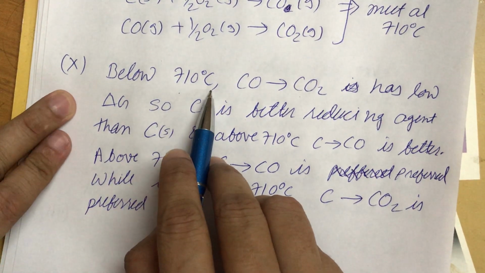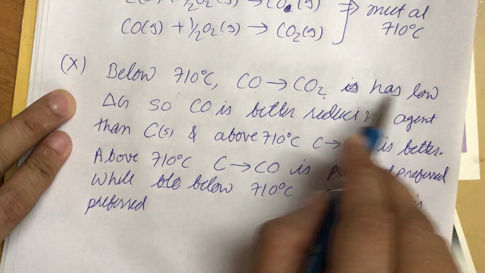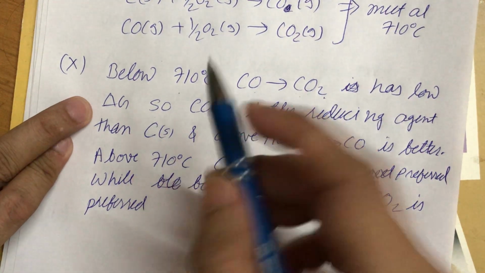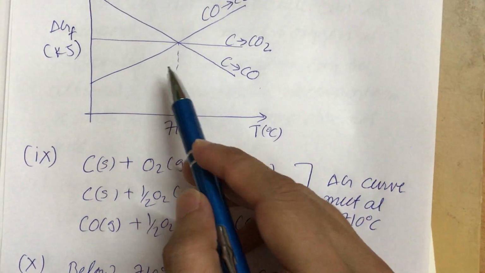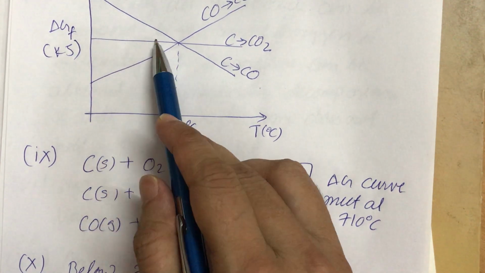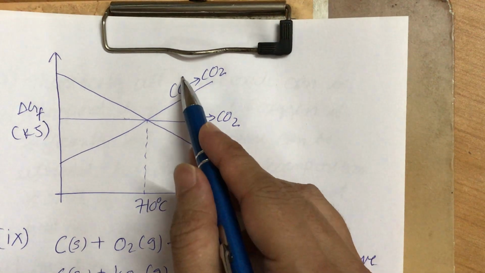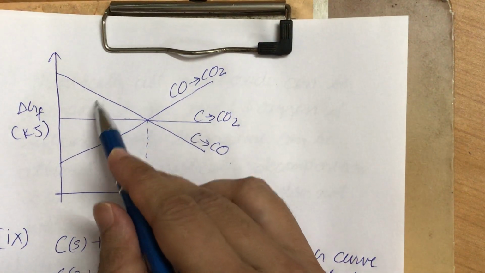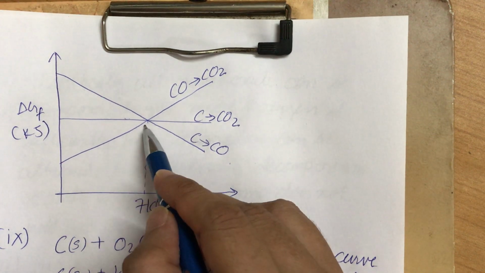Below 710 degrees Celsius, CO giving CO2 has low delta G. So below this temperature, this line is present below C giving CO2 and C giving CO. Out of these three lines, the carbon monoxide line is present below, so it is the better reducing agent.